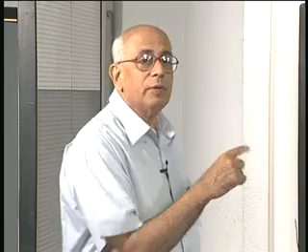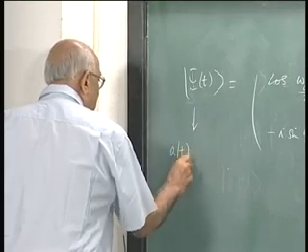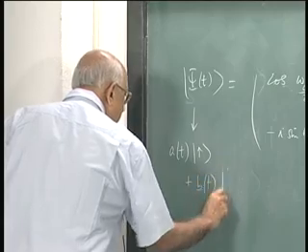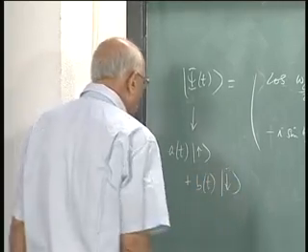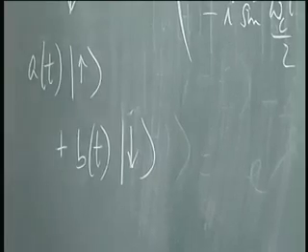Now what is the significance of these coefficients? Since I expanded this in the basis up and down, what is the interpretation of these coefficients, or rather the mod squareds?